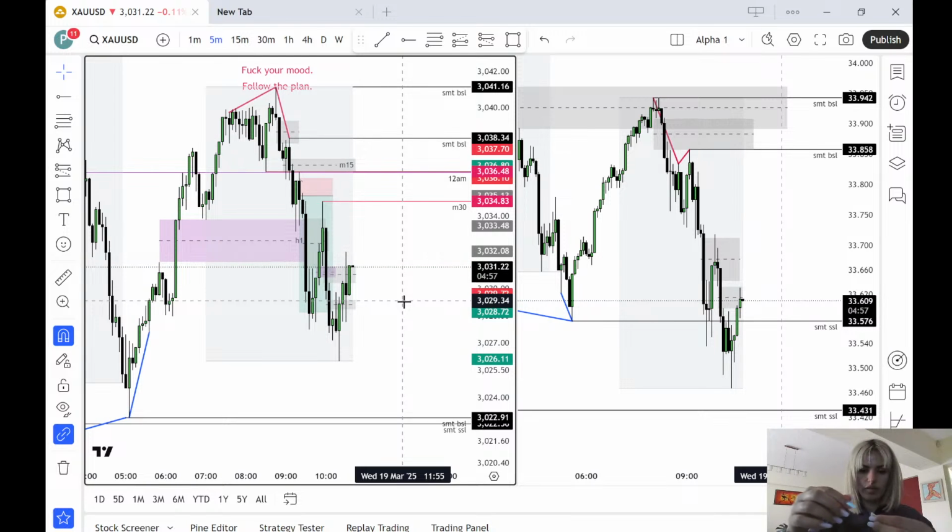Not necessarily. Do you trade the silver bullet method also, Alex? Not really. I don't anymore. I'm really happy with the 5-minute SMT model, which is the one that I've been trading during the live streams.